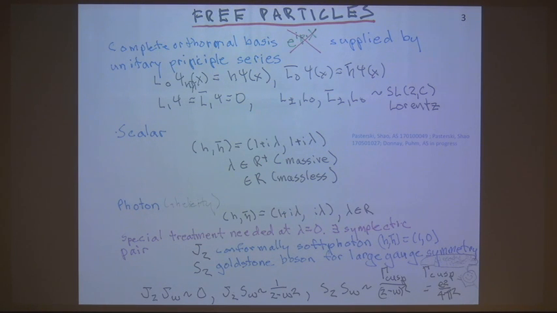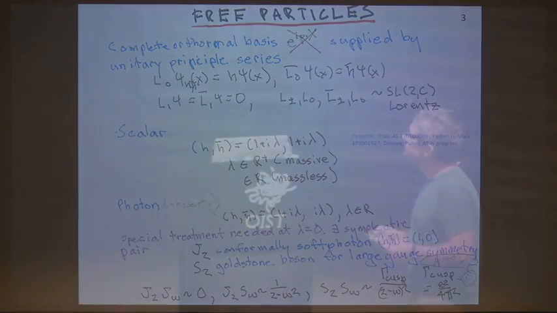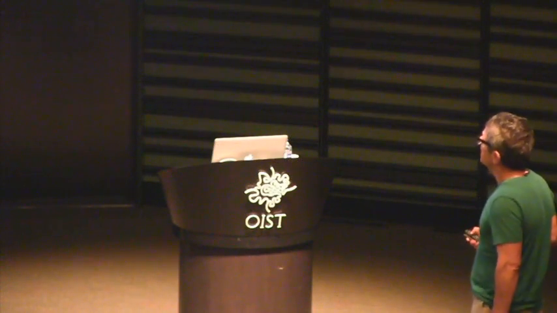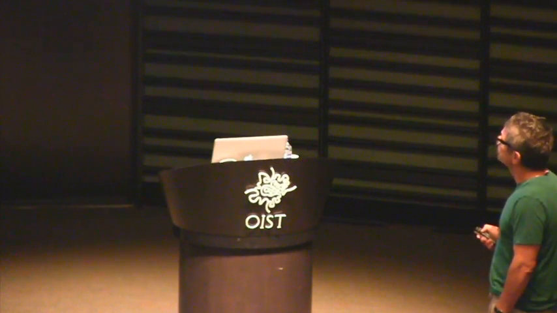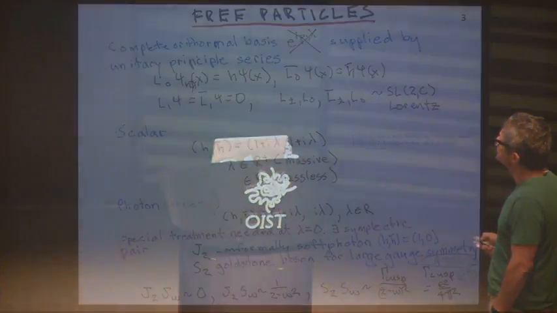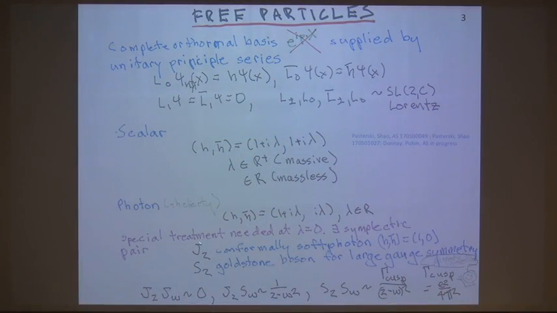But at lambda equals 0, something funny happens. It can't be paired with itself. And there's a kind of logarithmic branch in the solution space. And it turns out that there's a second mode. So you have two modes.